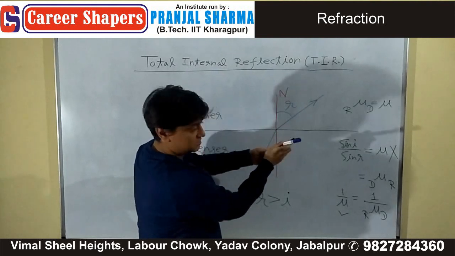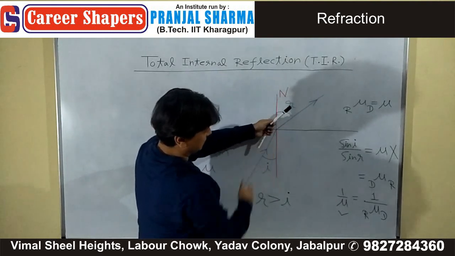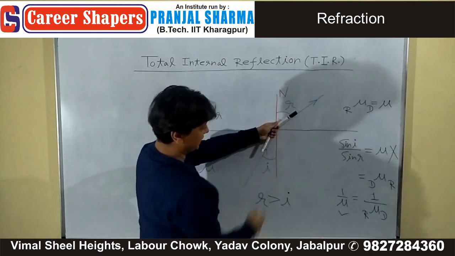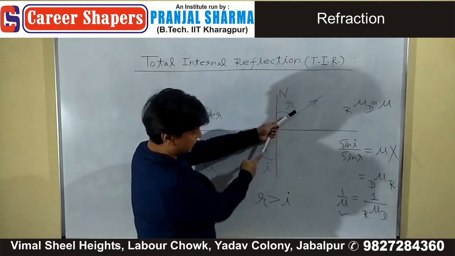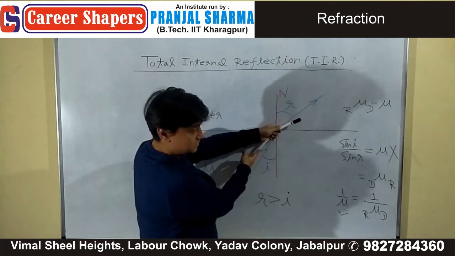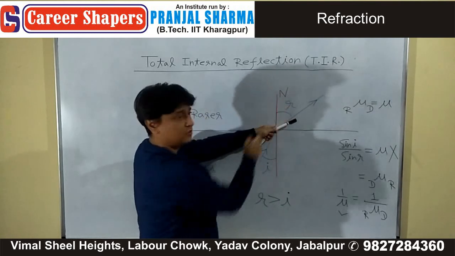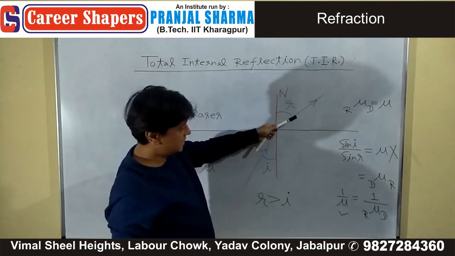It's something like this. This is i, the incident ray, and this is your refracted ray. If you increase the angle of incidence, then the angle of refraction will also increase.